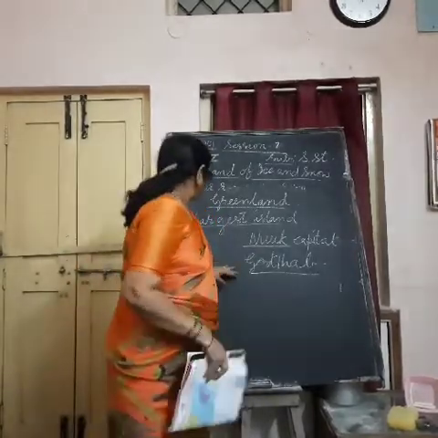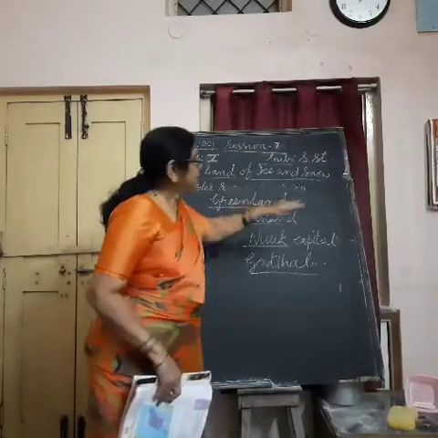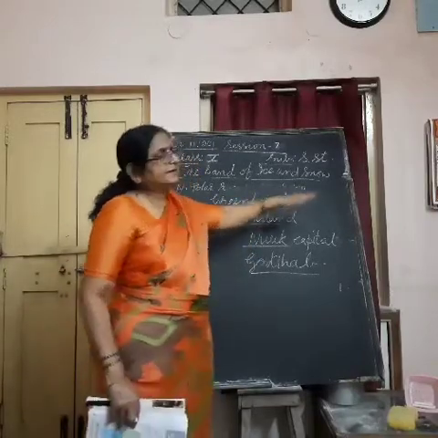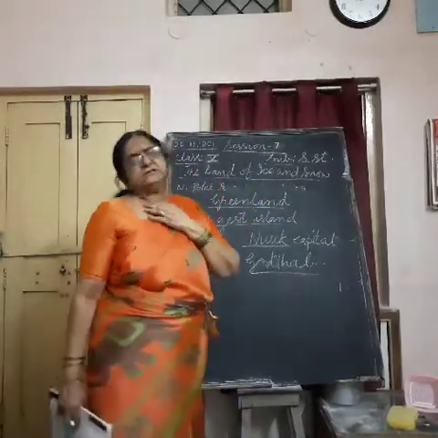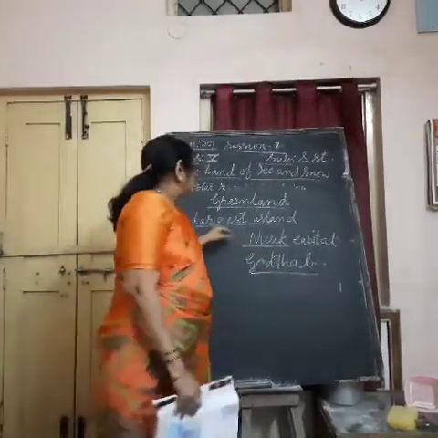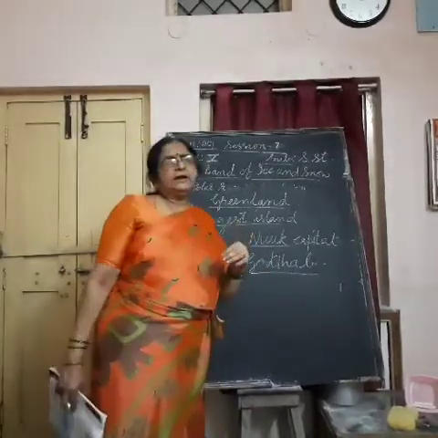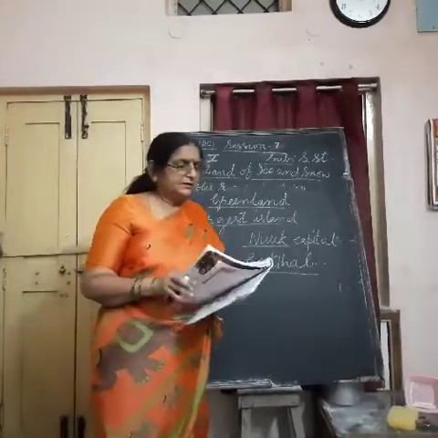Okay, whatever it is, let us study only about Greenland. Greenland we have taken as an example for our study of the land of ice and snow, or the polar region, because Greenland is located in the North Polar region.